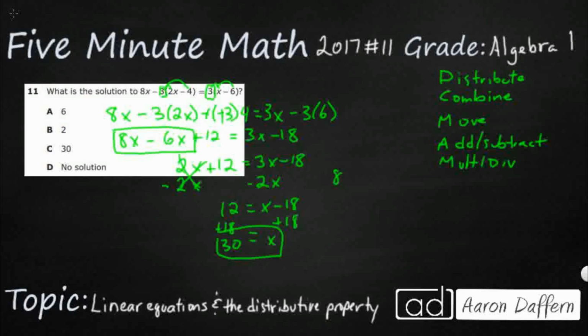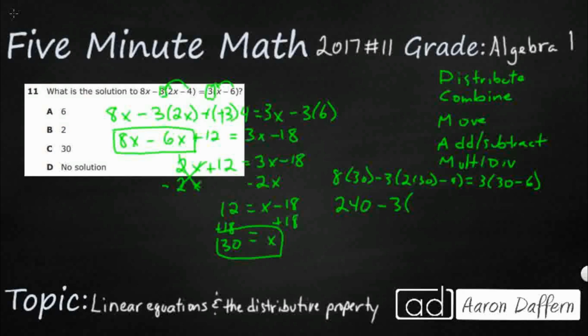So 8 times 30, I'm going to plug it into the original, minus 3, 2 times 30 minus 4. Equals 3, and then I've got 30 minus 6. All right, now let's just simplify this. So 8 times 30 is 240. And then I've got 3.